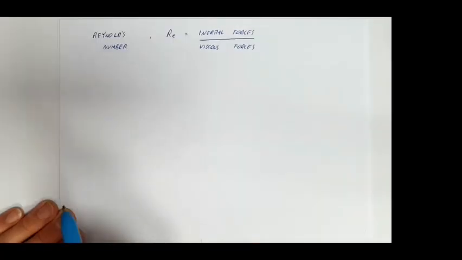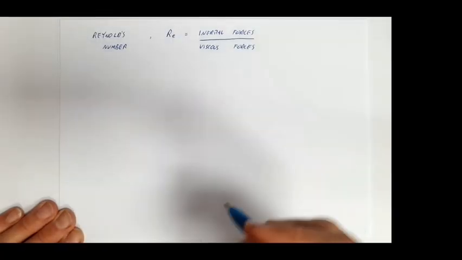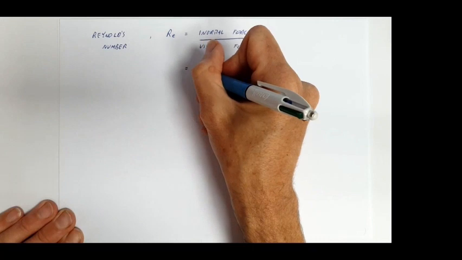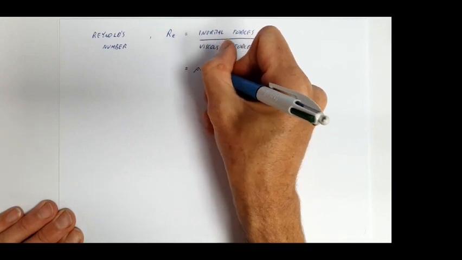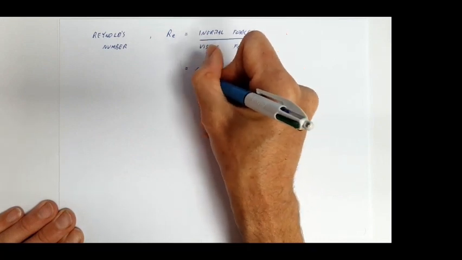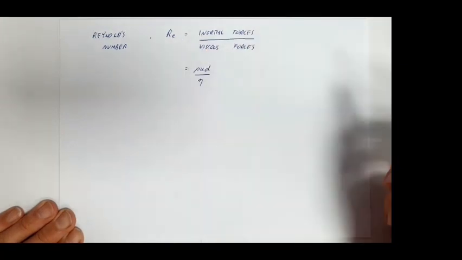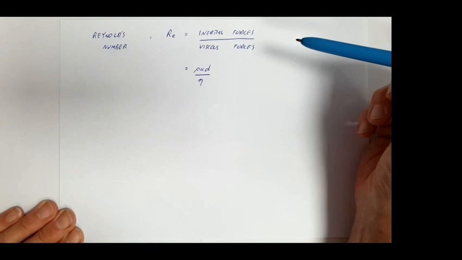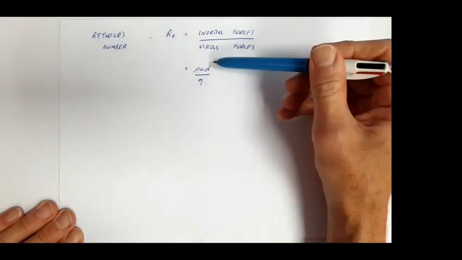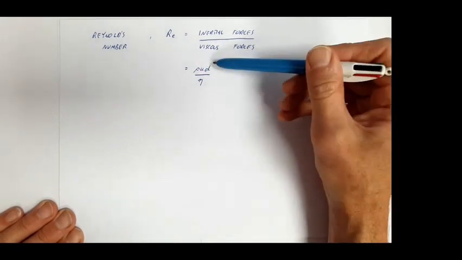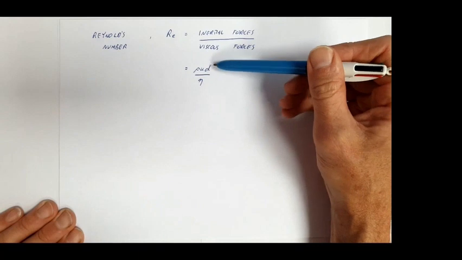And Reynolds number is actually a dimensionless coefficient, and we can show that Reynolds number is equal to rho u d upon the dynamic viscosity. Okay, so rho is density, u is the velocity of the fluid, d is some dimension.